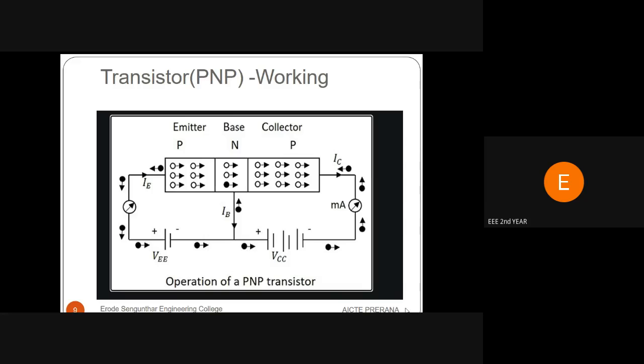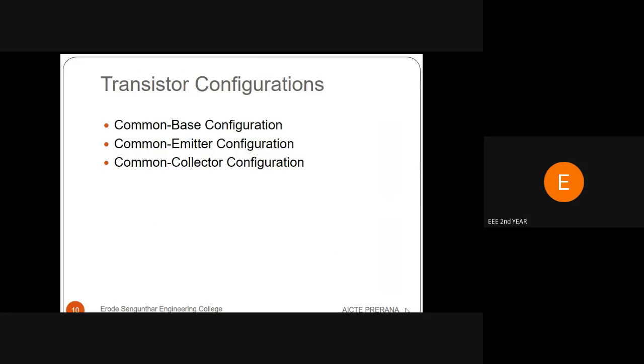Now let us see the transistor configurations. In any circuit where a transistor is used, one terminal of the transistor is connected to the input side, and another terminal is connected to the output side. One terminal is common between both input and output.